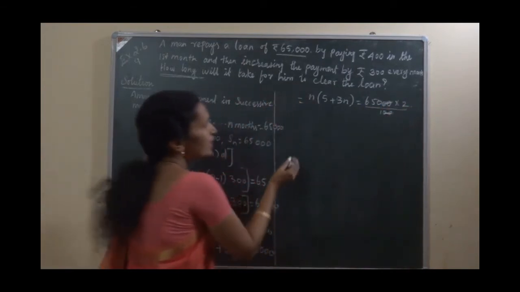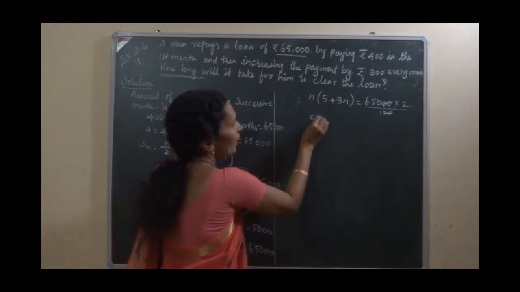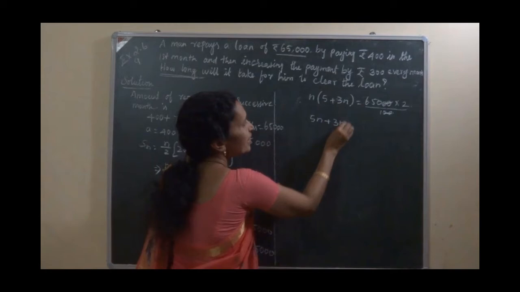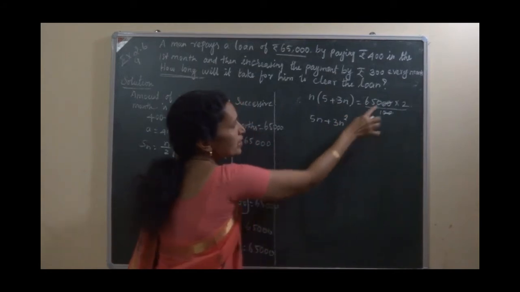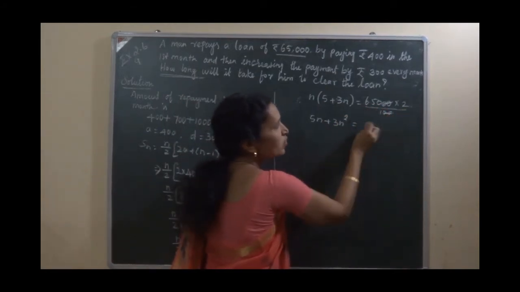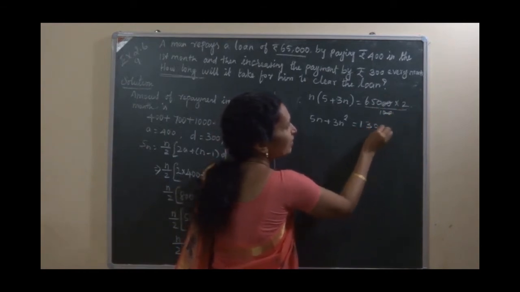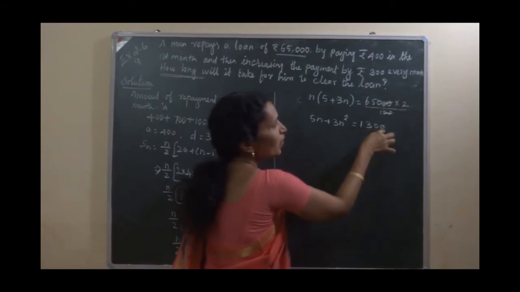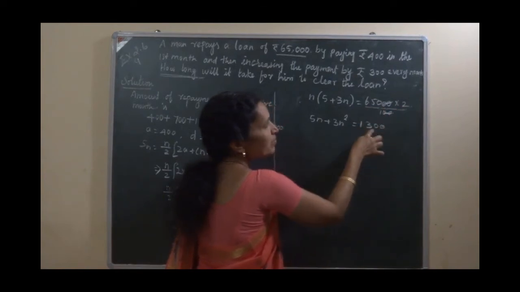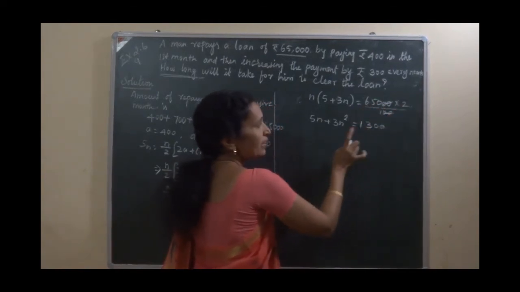The zeros cancel, and you get 5 into n, 5n, plus 3n into n, 3n square, equal to 650 into 2. 2 times 0 is 0, 2 fives are 10, balance 1, 2 sixes are 12, plus 1, 13.